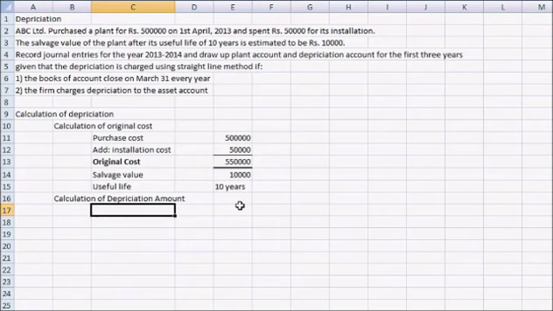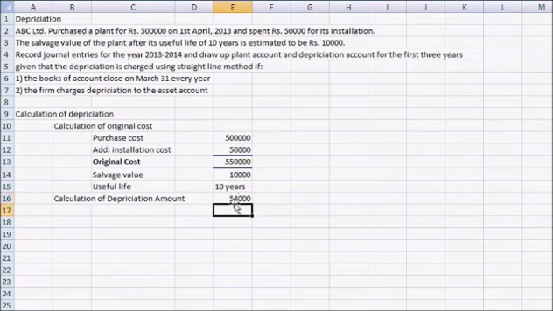The depreciation value will be like this: we have to deduct the salvage value from the original cost, and then we have to divide it by the useful life. So this is our depreciation.